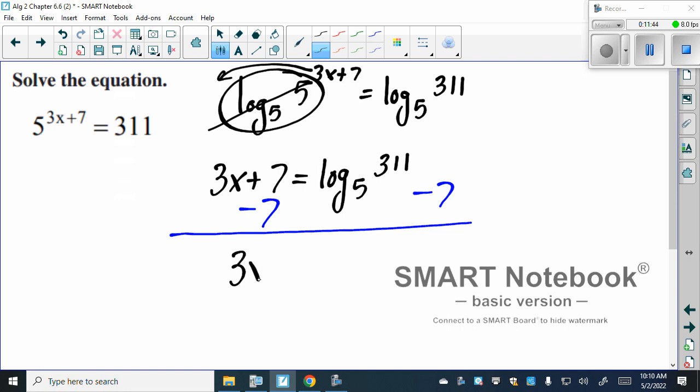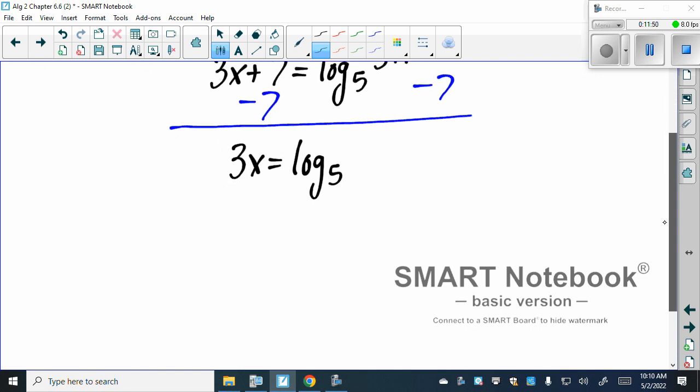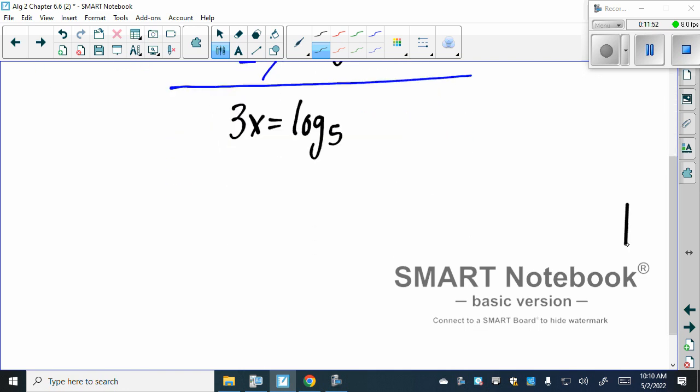So here we have 3x equals log base 5 of what? It's going to be still 311. Because again, what's inside that log is being affected with it. We applied the log to 311, not to that negative 7.